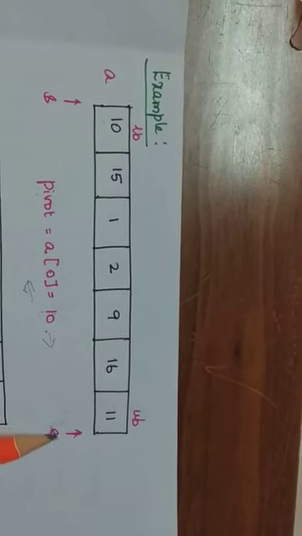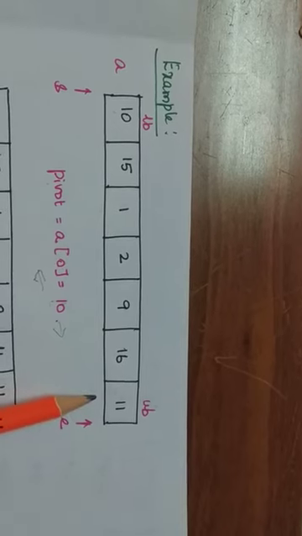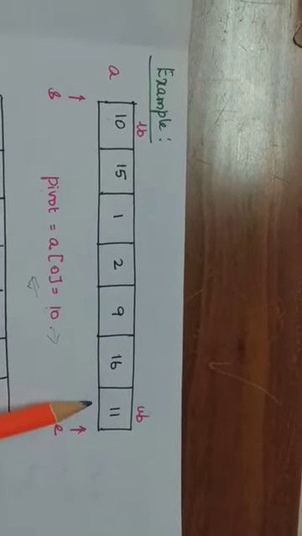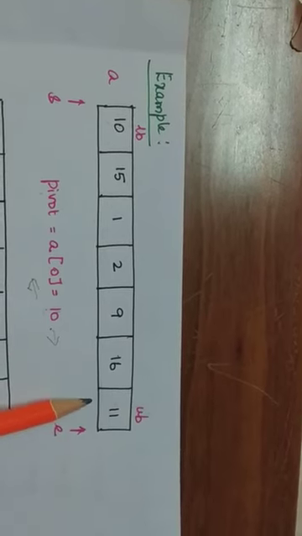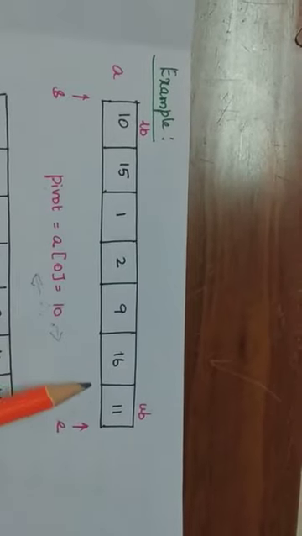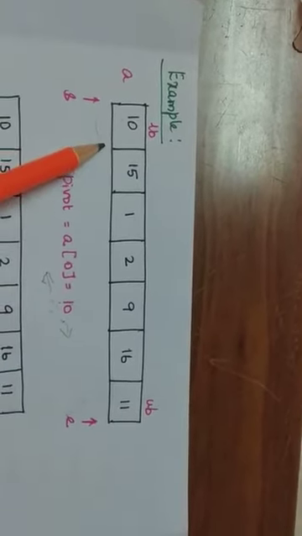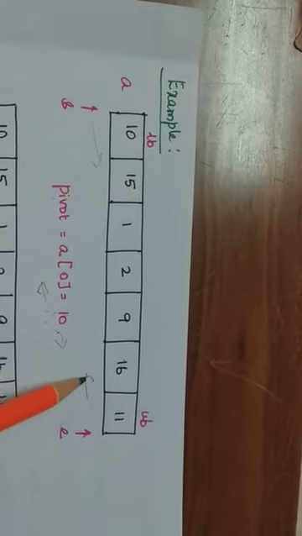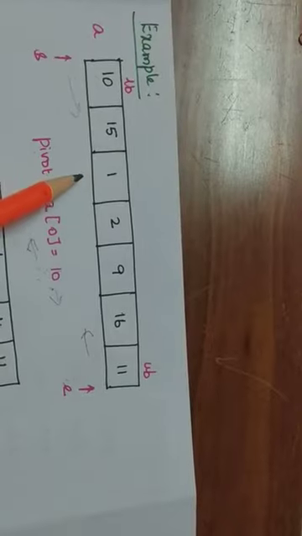So the idea is we will compare the values from this side. If any element is greater than the pivot element, we will decrement the E value. So S will be moving in this direction and E will be moving in this direction.